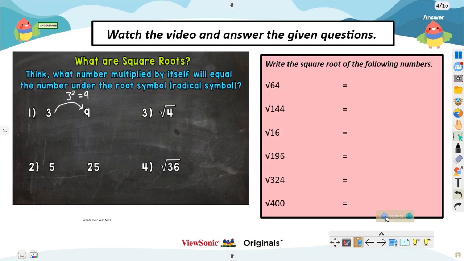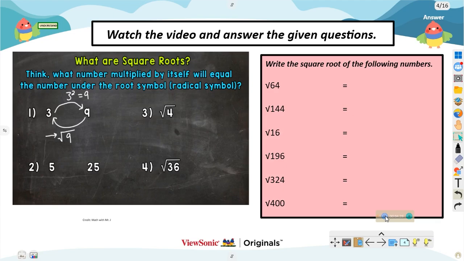And that's going to be taking the square root. So let's start with 9 and take the square root. Let's think about what number multiplied by itself will equal the number under the square root symbol. This is the square root symbol there, also known as the root symbol or radical symbol.